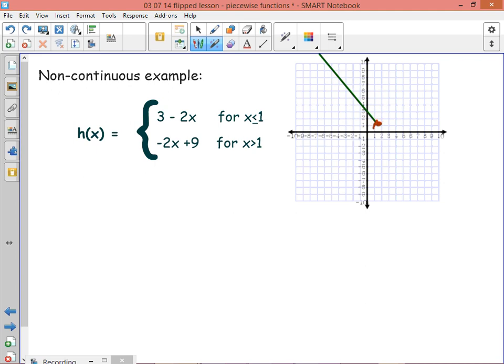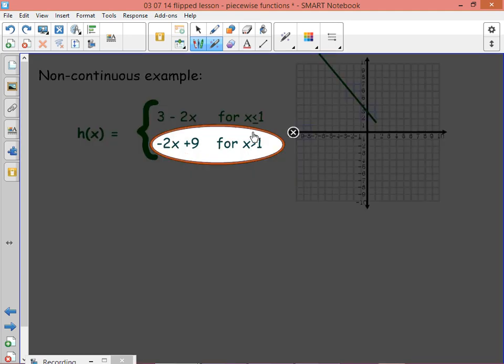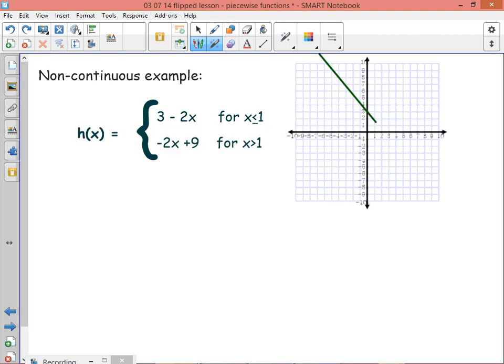The next one I'm going to draw, this guy right over here, -2x plus 9. I know my y-intercept is 9. And so I am going to change to my pen. My y-intercept is 9, and I know that my slope is going to be, again, -2. So I'm going to go down 2 over 1, down 2 over 1, down 2 over 1, etc. And I'm going to end up graphing something that looks a little bit like this.